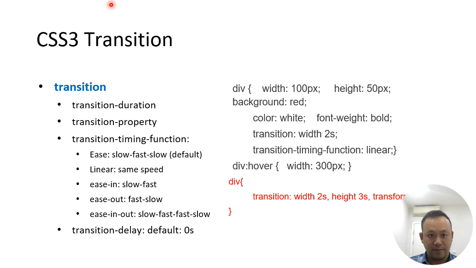And the timing function specifies the speed curve of the transition effect. We have ease, we have linear. Okay, so this is an example of the transition. We have color, we have a transition, we have a second, we have a delay in seconds, we have linear.